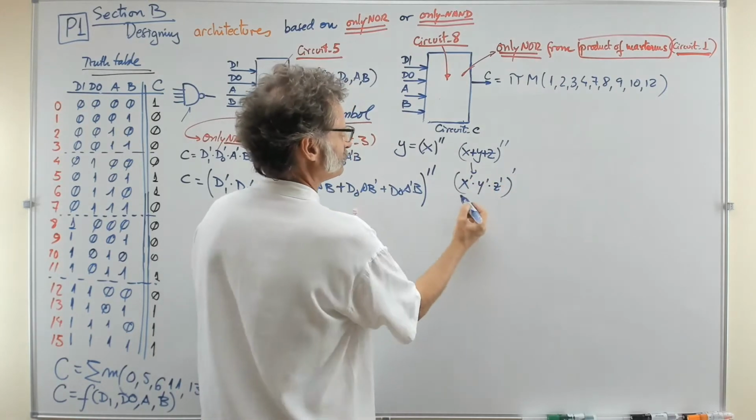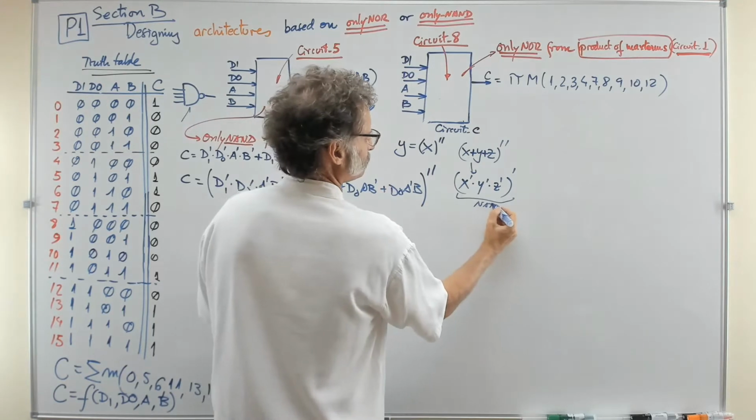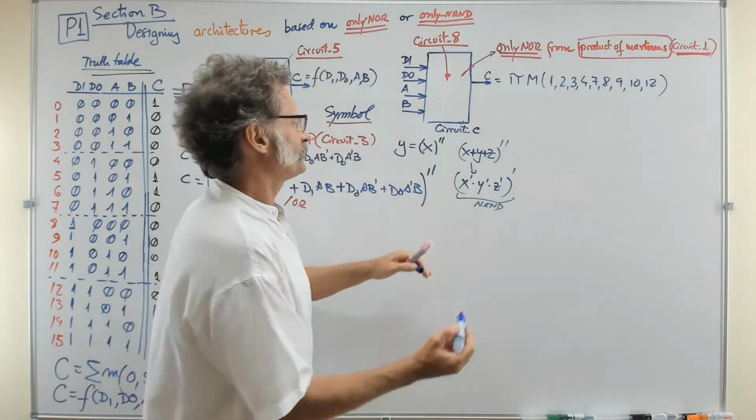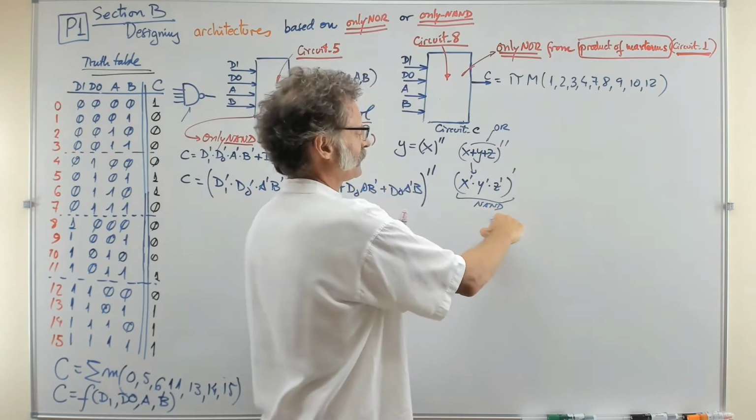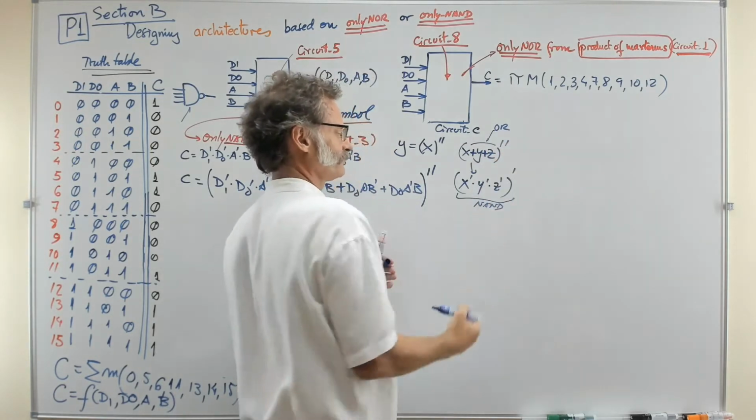You see, and this is an AND. You have here an OR, and then you've got an AND, simply getting this kind of transformation.